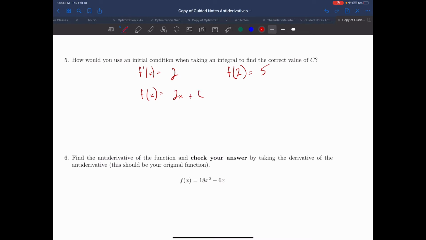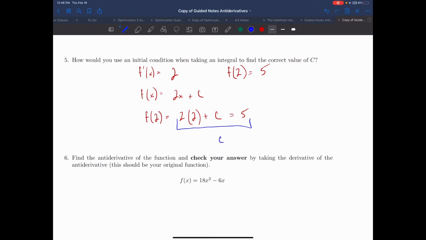And then to determine c, what we do is plug in our 2. So we would have f of 2 equals 2 times 2 plus c, and that equals 5. And then we just take this equation here and solve for c. So this would be 4 plus c equals 5.